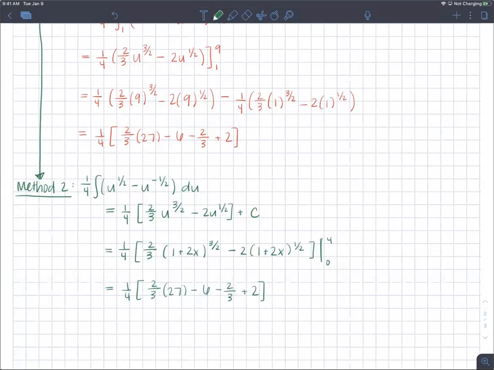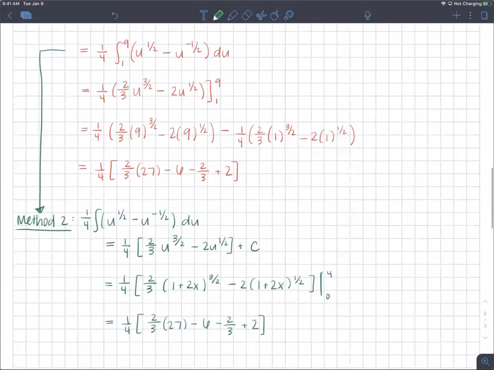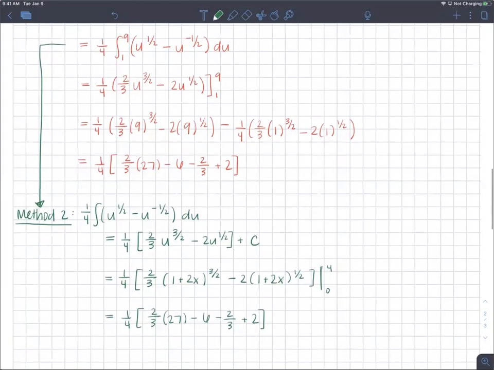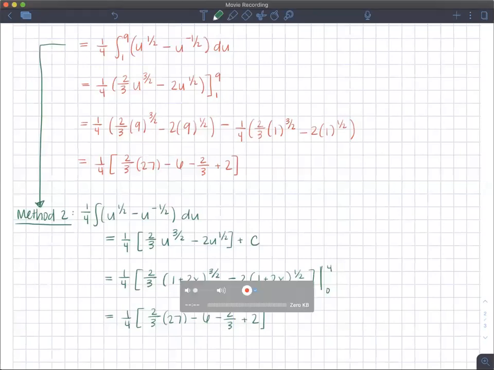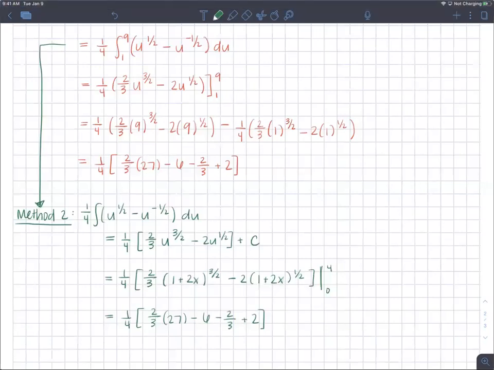Okay, so is everybody okay with these examples or these two methods? Are there any questions about this?